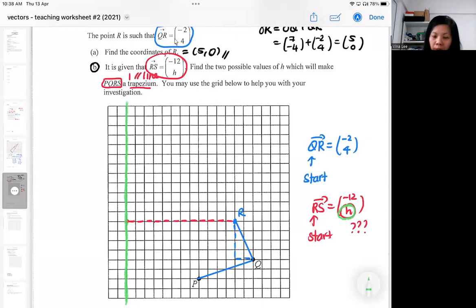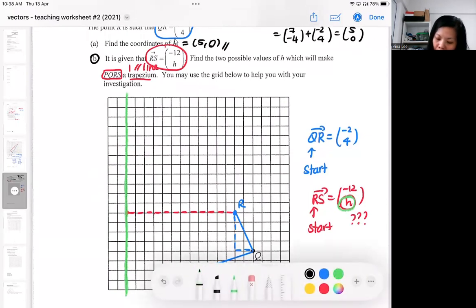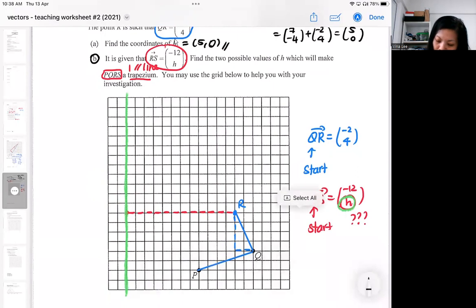So one of the easiest ways is, I'm going to make this into a parallelogram first. So I'm going to make this part parallel. So if this is parallel, PQRS will be a parallelogram. So how can I make it parallel? I'm going to use this part. This one is 6 squares and this one is 2 squares.